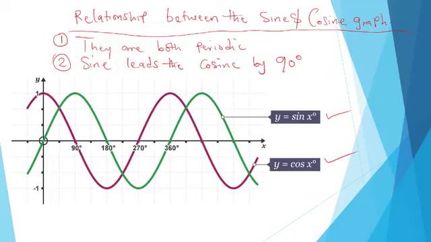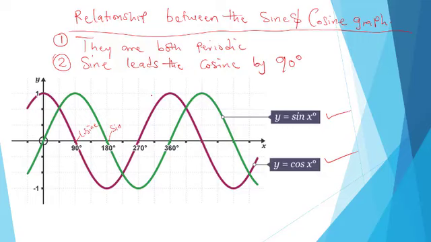When sine is at 180, this is the sine graph. This is where cosine is. Cosine is at 90. When sine rises up at 360, cosine is at 270. So sine leads cosine by 90 degrees, while the cosine lags behind by the same 90.